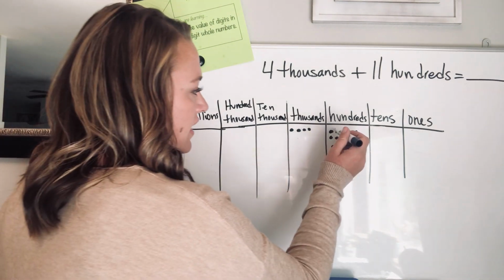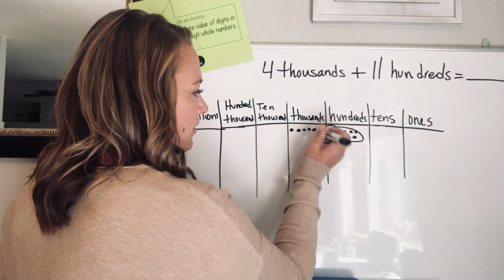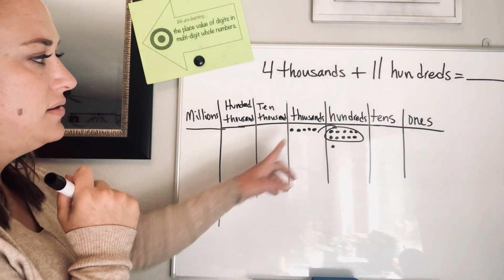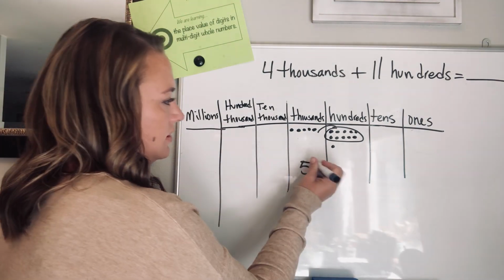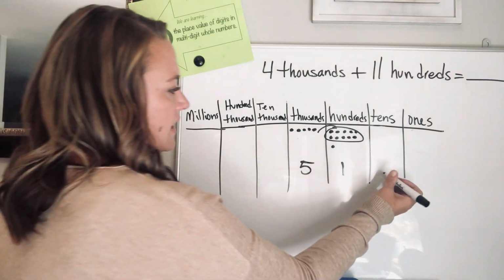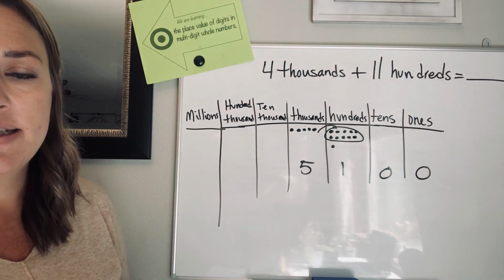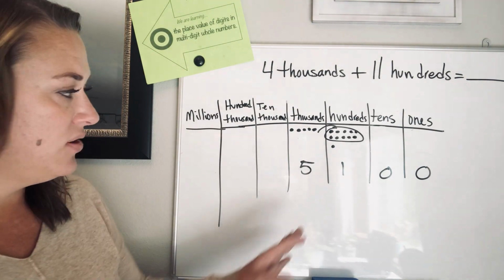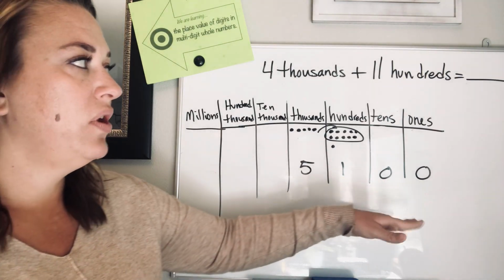So I'm going to take these 10 and move them over for 1,000. So now I have 1, 2, 3, 4, 5 thousands and 100. I don't have any value in my tens or my ones, but I need those zeros in there as placeholders so I know that this one is 100 and not 1, 1.